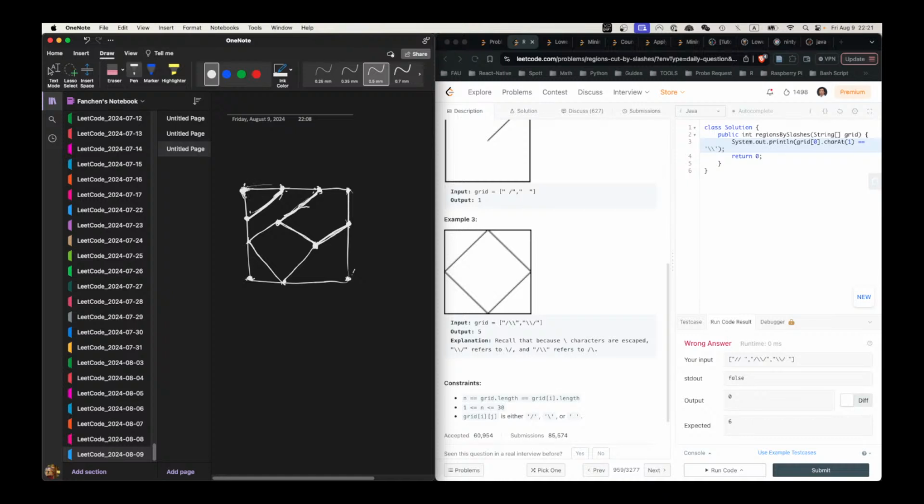So how do you get the smallest? The smallest that forms a region. If you start from here, we'll explore. If you say the smallest, so maybe BFS, right?